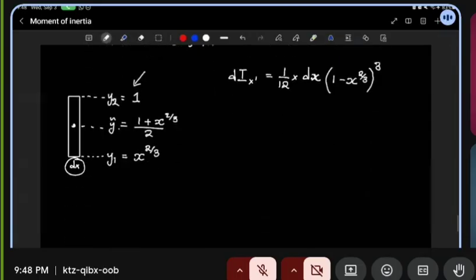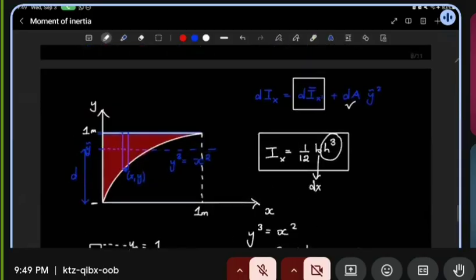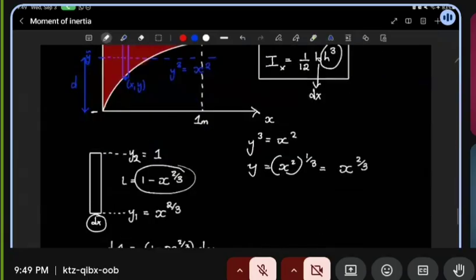and substitute. We now have our dI is equal to, where we have this centroidal moment of inertia, we'll take the dx to the far end, 1 over 12, and then this will be 1 minus x 2 over 3 to the power 3 dx, then plus what follows is dA, the differential area.